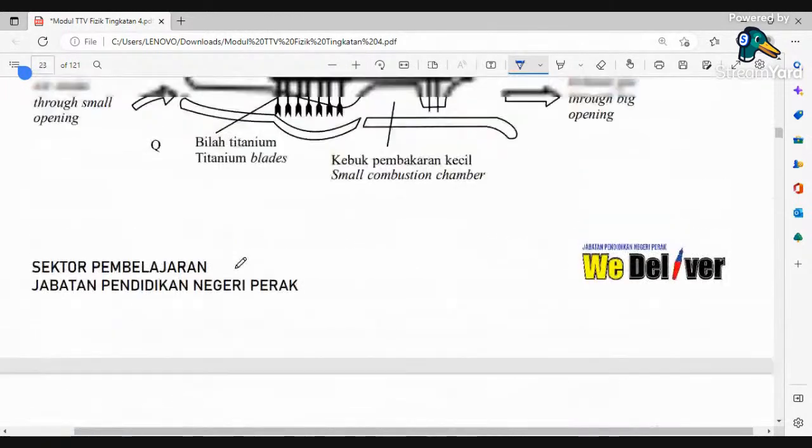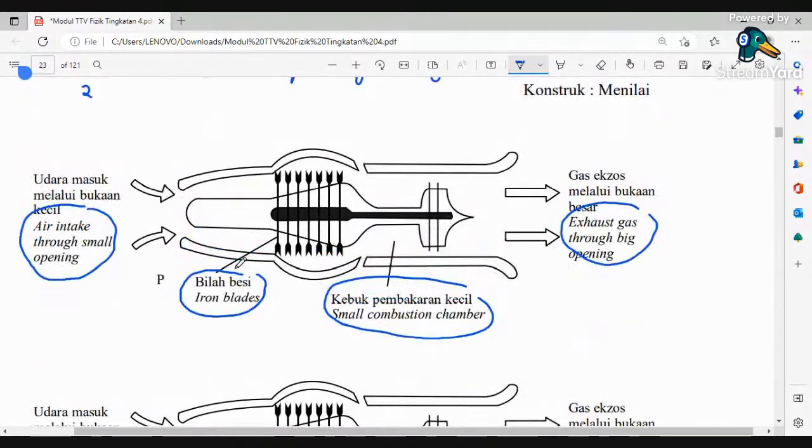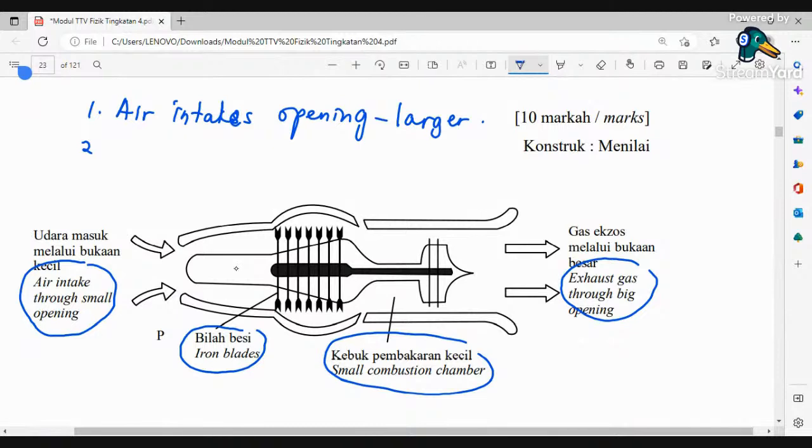So which one should use? For the second aspect is material of blades. So I will choose titanium. Okay, lebih stronger.